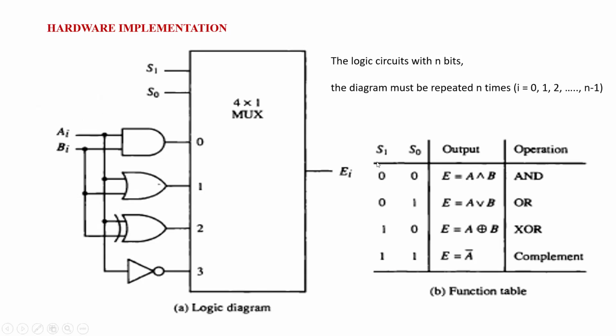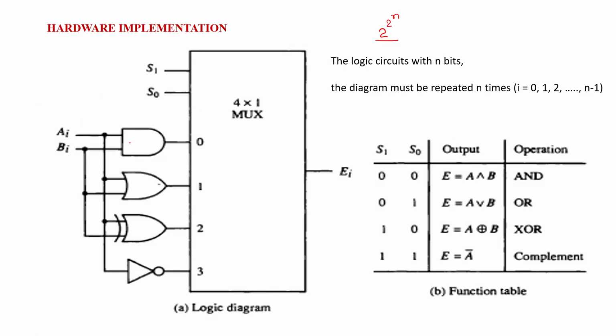Even with two variables we have 16 functions, and with three variables we have seen that we have 64 functions. So if the input variables change, the number of functions changes, by this expression.